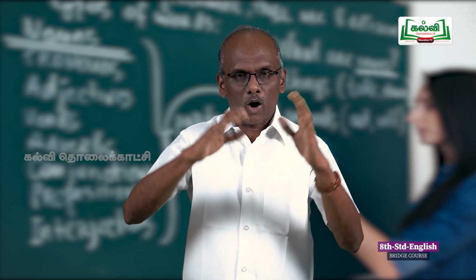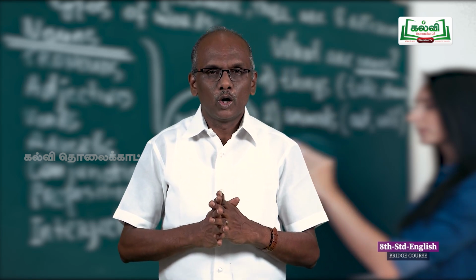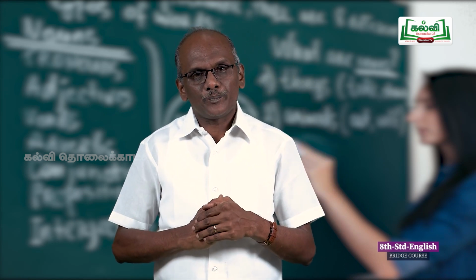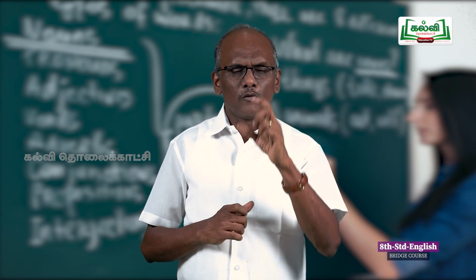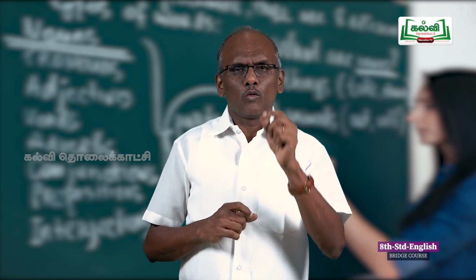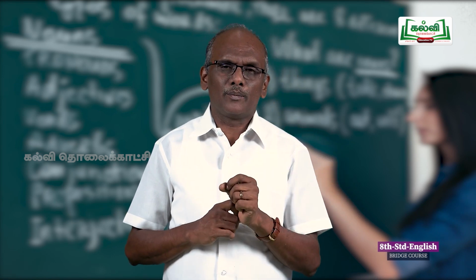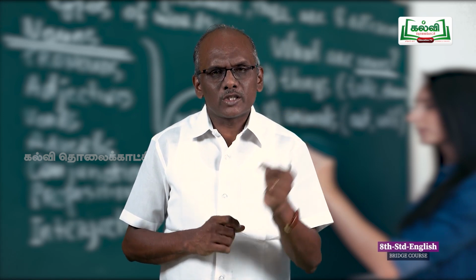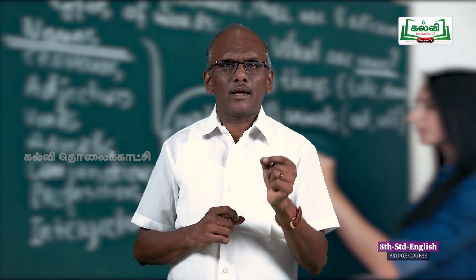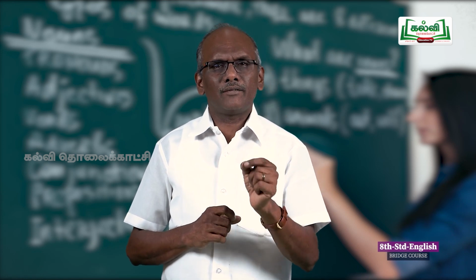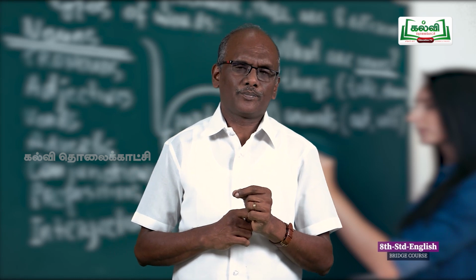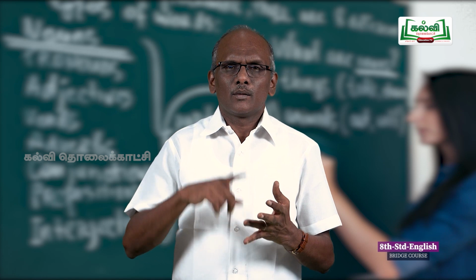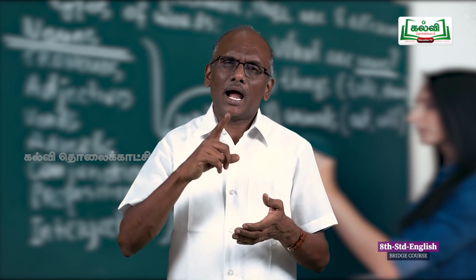Okay, students, from all these things we have come to know how to form the question tag. Again, I want to sum it up now. First, what should we do? We should know how to form the contracted form. Contracted forms are made by adding not to the auxiliary verbs: be verbs, modal verbs, have verbs and do verbs.